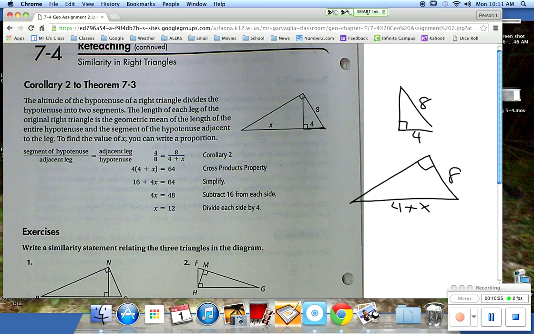Now, if we remember working with similar triangles, these are similar. My legs, 4 over 8, so I went from here to here, is equal to my hypotenuse, which in this case is going to be 8 over 4 plus x. That's back to when we were working with similar triangles.